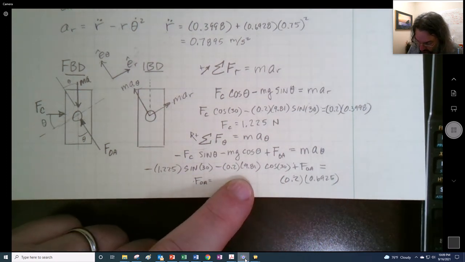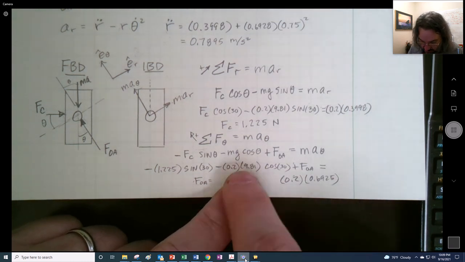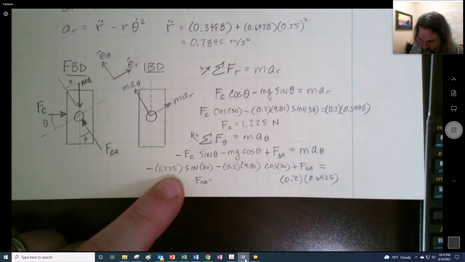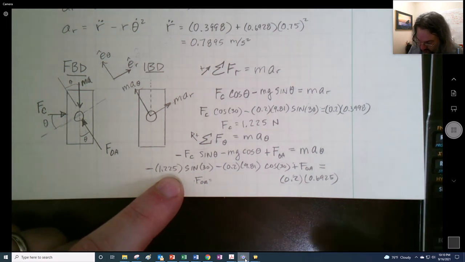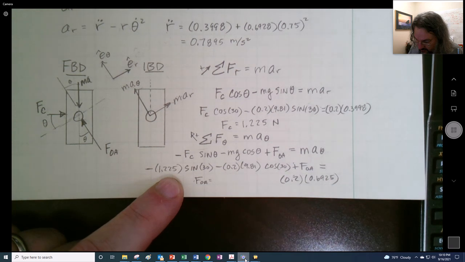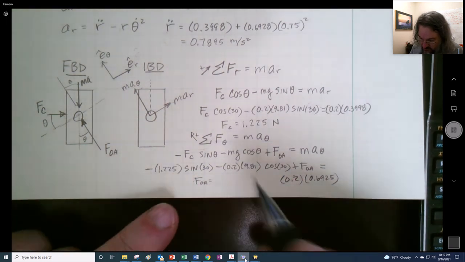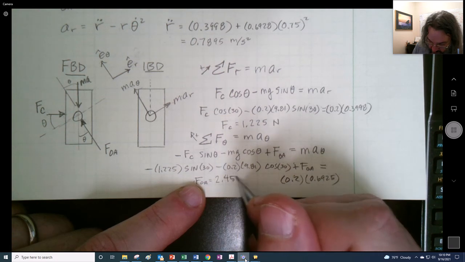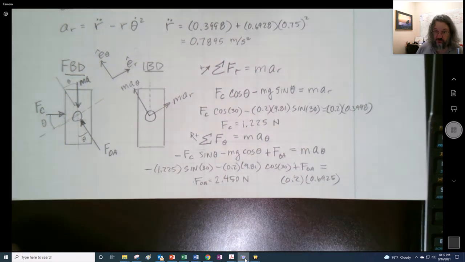We got 0.2 times 9.81 and a cosine of 30. And that's going to come over and add over to there. So plus. And then we get this one. 1.225, but cosine of 30 times, and then that's going to come over plus. So I'm going to have a grand total of 2.450 newtons.